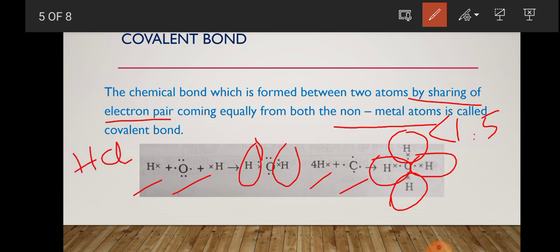Here the difference of electronegativity of chlorine and hydrogen atom is 3.5 minus 2.2 equal to 1.3, which is less than 1.5. So chlorine and hydrogen will form covalent bond by sharing one electron from each atom.